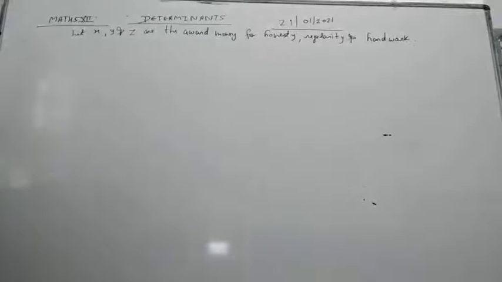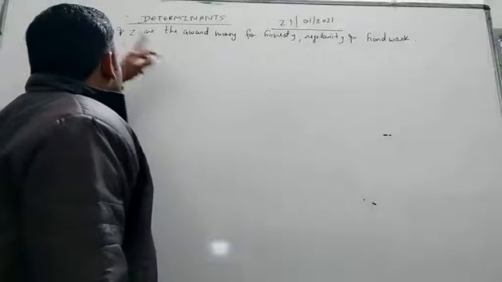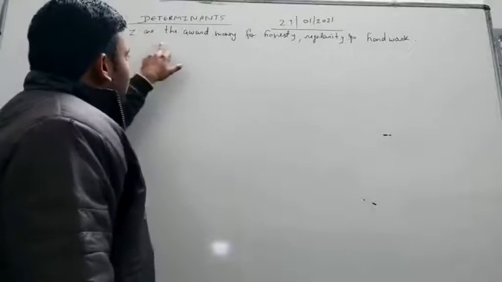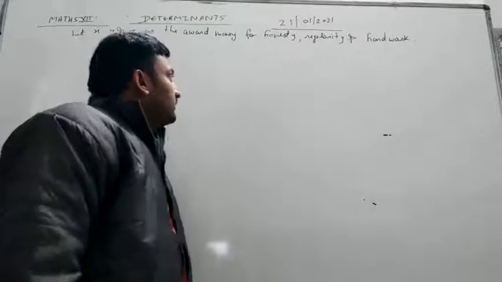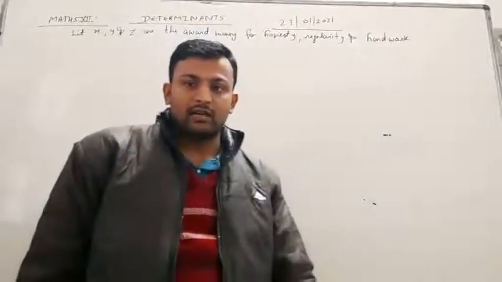Okay, students. So our school wants to award its students for the values of honesty, regularity and hard work. So we have supposed that X rupees, Y rupees and Z rupees are the money given in award to the students for honesty, regularity and hard work.